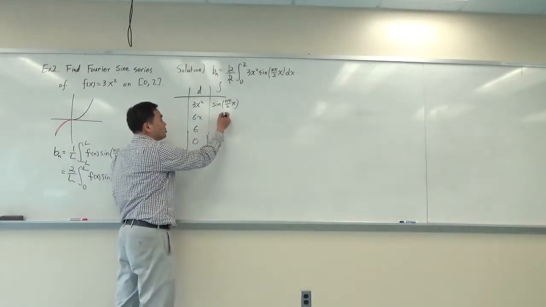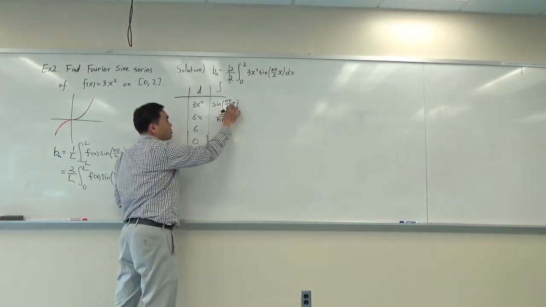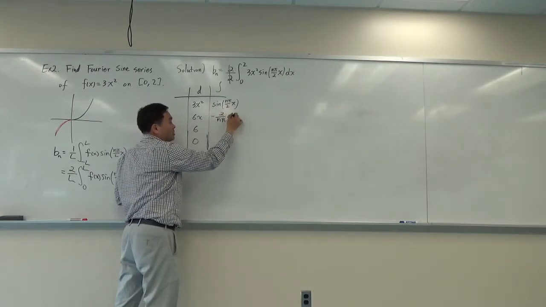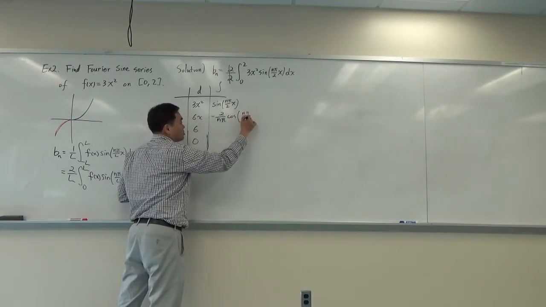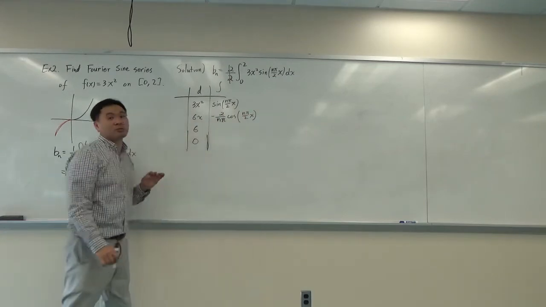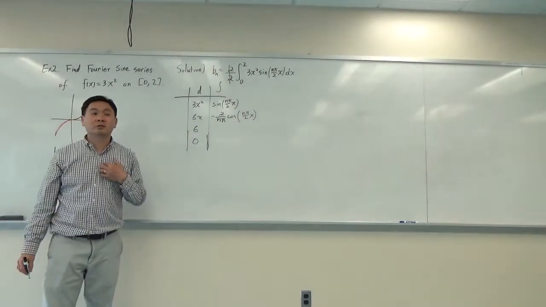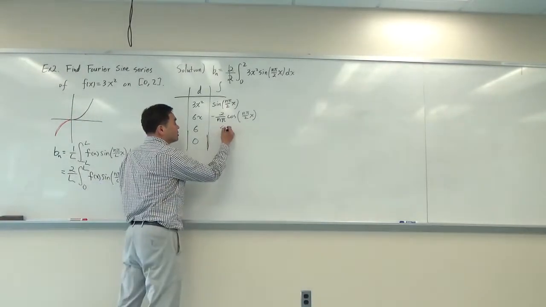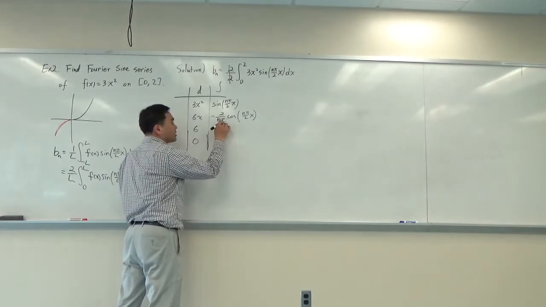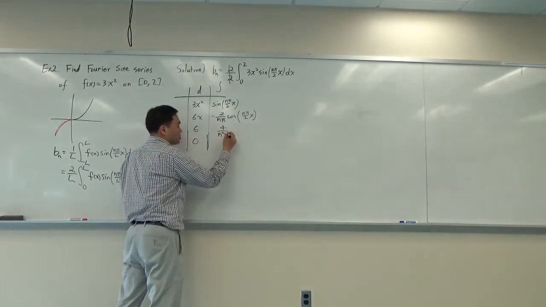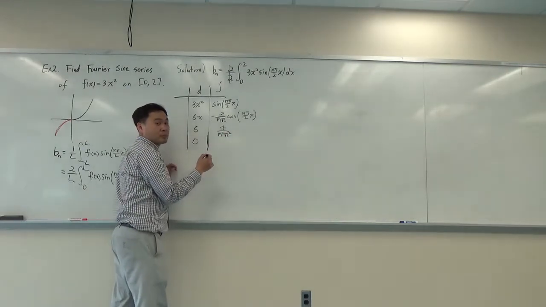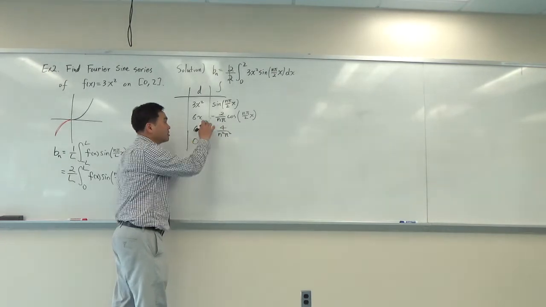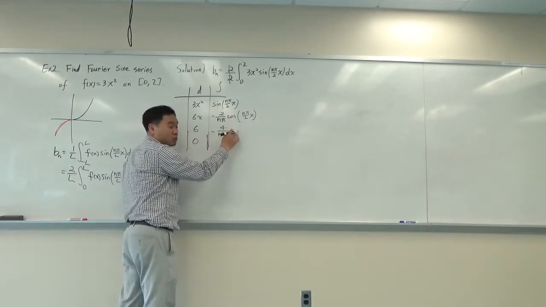Yes, so you get 2 over n pi because the reciprocal of the coefficient of x appears. And sine integrates to negative cosine. And then you have n pi over 2 x. Okay, what's the next integral? You get 4 over n pi. Yeah, so another n and pi, so you get n squared pi squared. Okay. And you get, cosine integrates to sine, just sine, and it preserves the minus because cosine just integrates to sine. Okay.